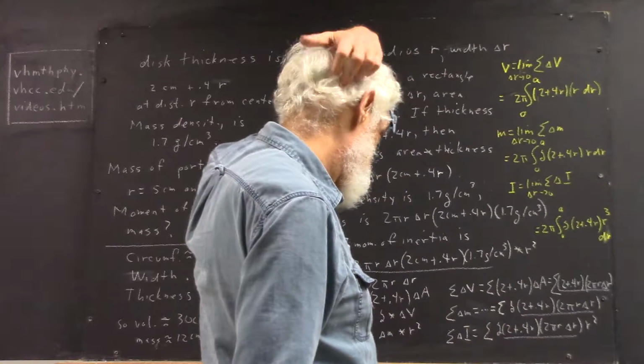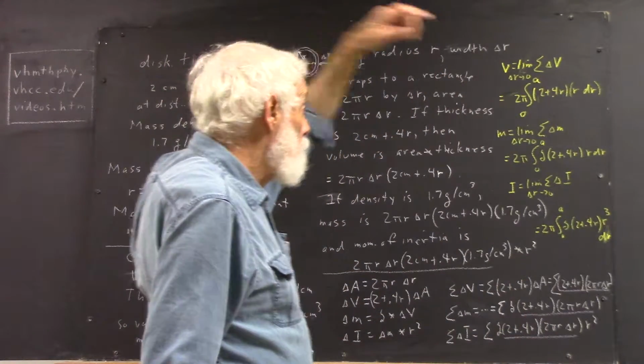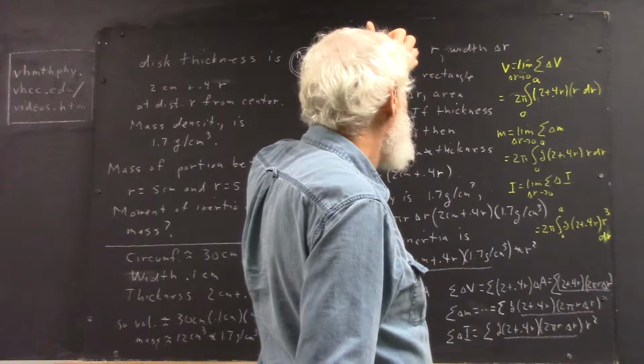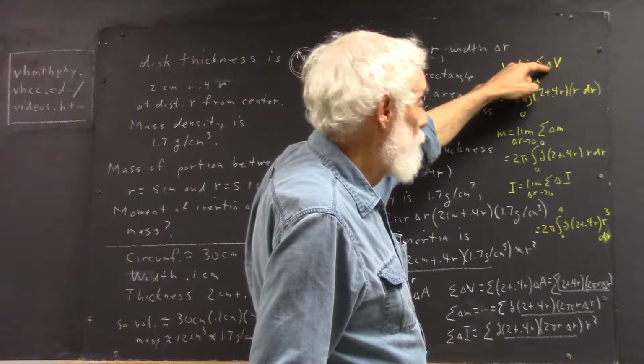Then you observe that the total volume is the limiting value as delta r approaches 0 of the sum of all the volumes.